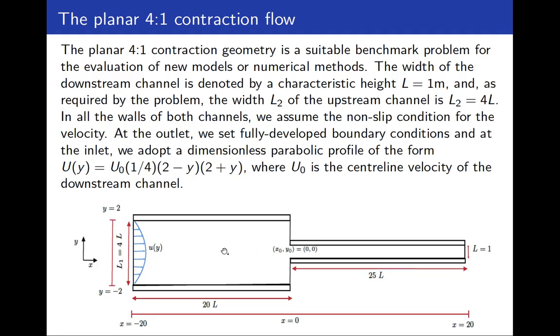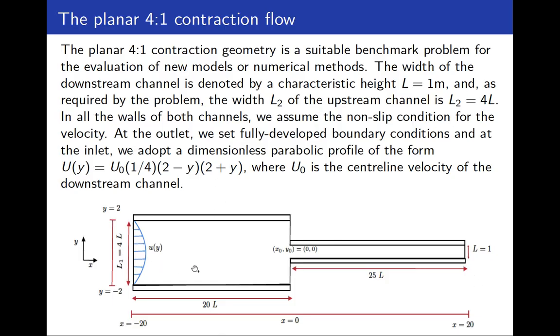We will make a fluid flow over this big channel, and then we will compress it. We will make it flow through a smaller channel. Some characteristics of the geometry of this channel are, for instance, that the bigger channel has a length of 20 meters, and the smaller channel has a length of 25 meters.